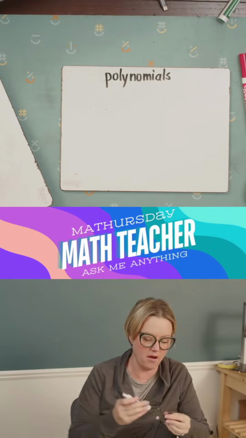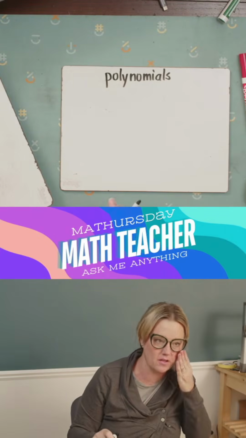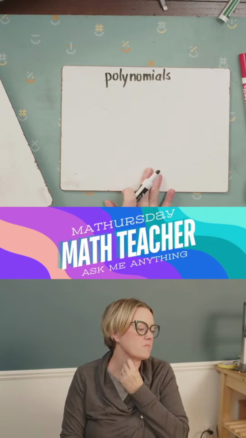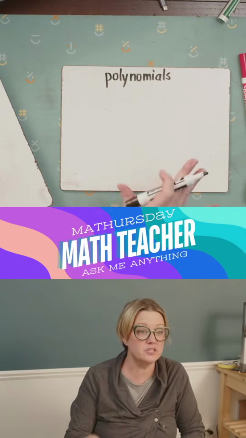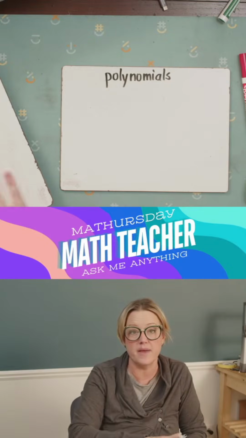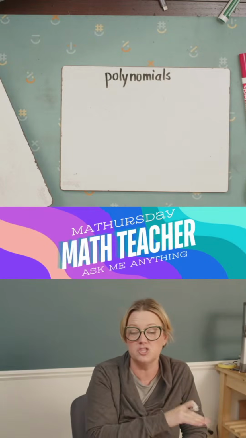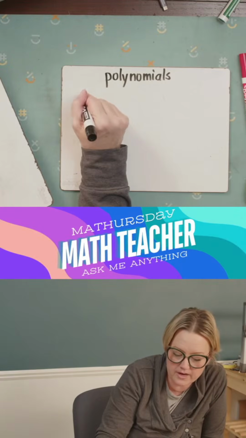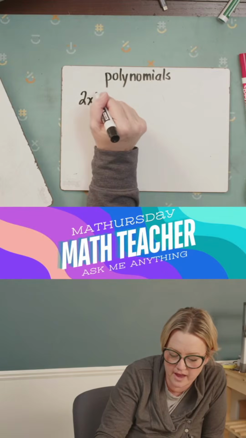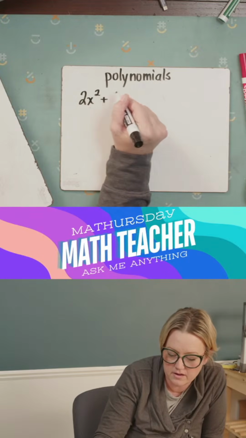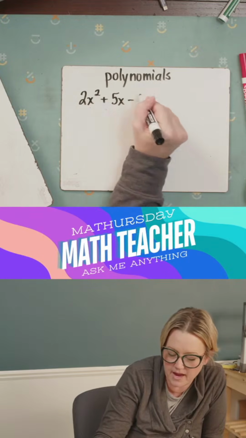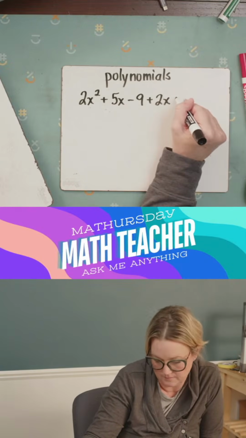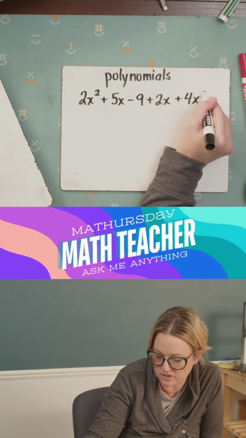When we are multiplying, adding, subtracting, all of that, we want to look for like terms. This is going back to way basic, like just starting out with simplifying expressions, where you would look at something like 2x squared plus 5x minus 9 plus 2x plus 4x squared, right?